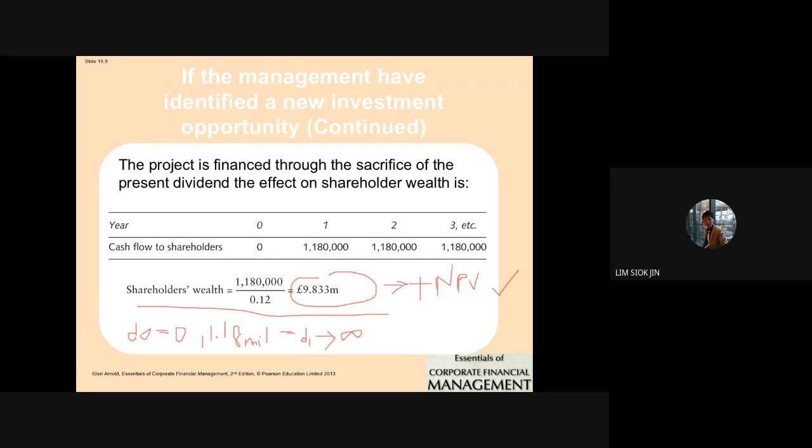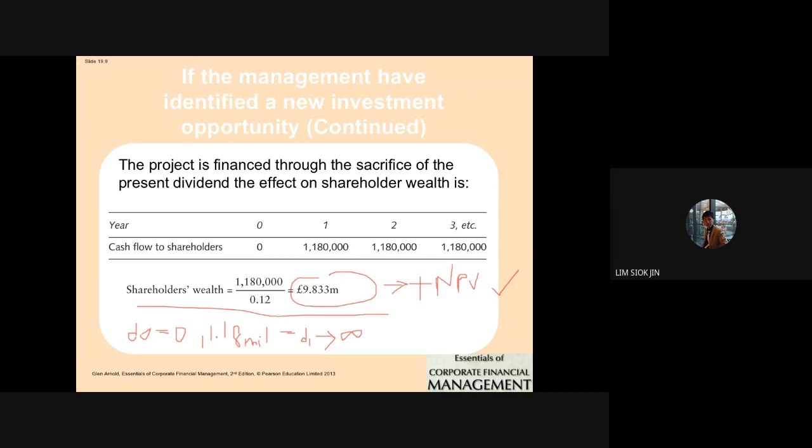So what it shows is that dividends are not really an important thing as long as the company is using the earnings to make even more wealth than what shareholders can do by themselves.